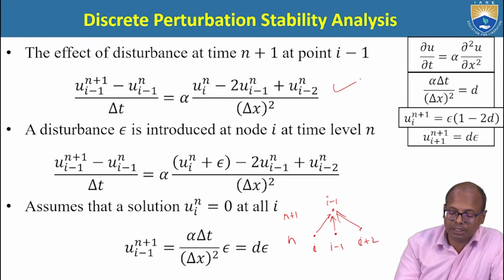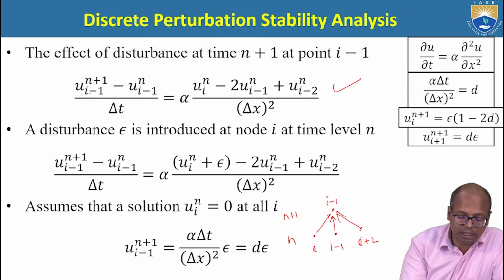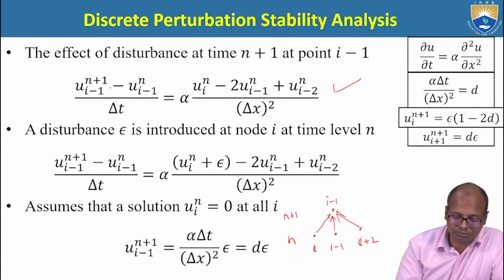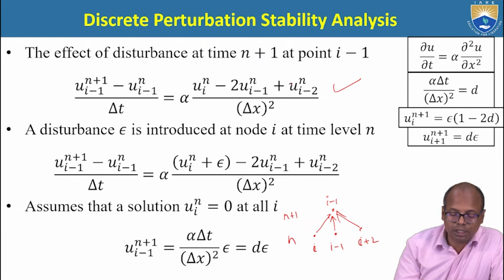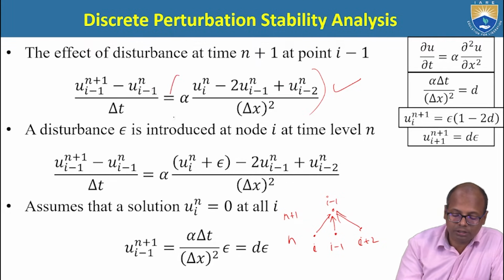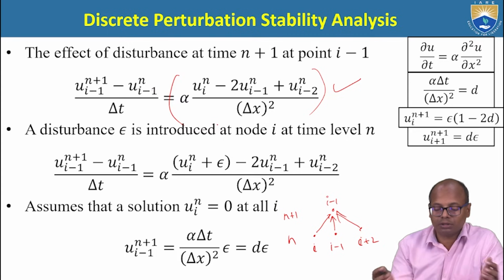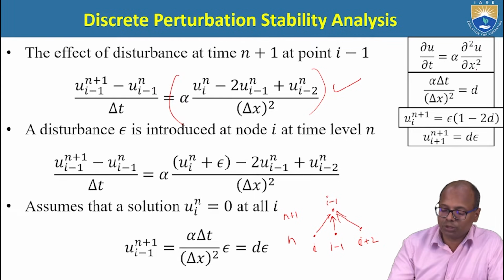The same FTCS. In FTCS, in time we are concerned with time n plus 1 and n. The space is the same, I minus 1. And in space, dou u square by dou x is differentiated with respect to space, and dou u by dou t is differentiated with respect to time.